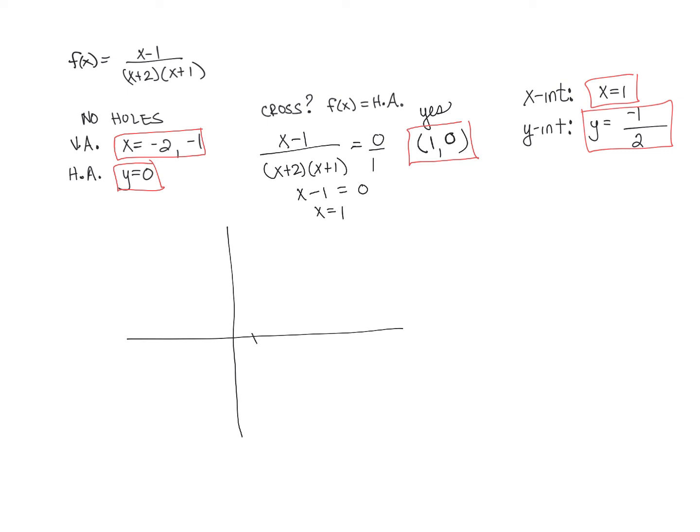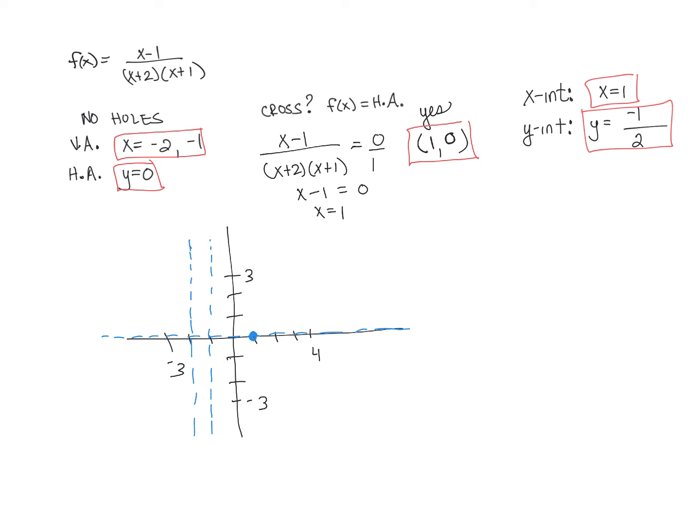We know that we have vertical asymptotes here at negative 2 and negative 1, and a horizontal asymptote at 0. We know it's going to cross right here at 1, 0.